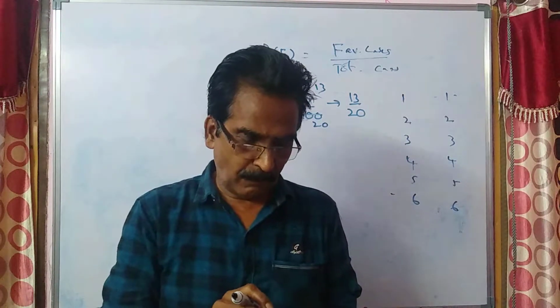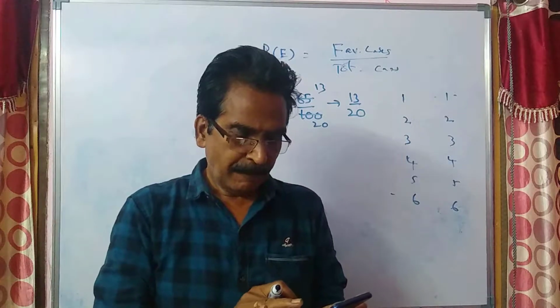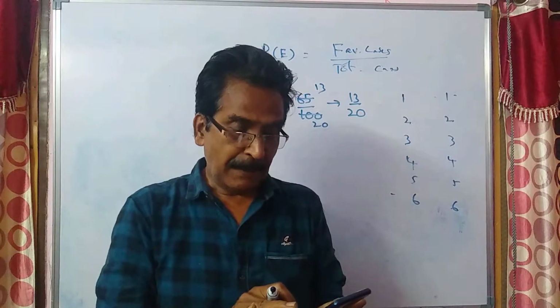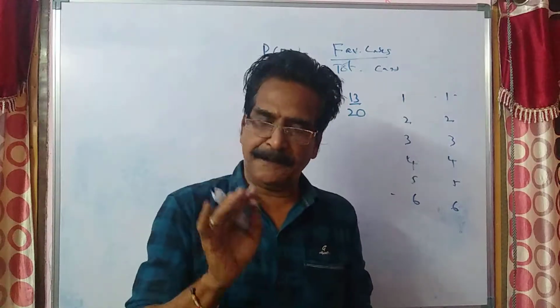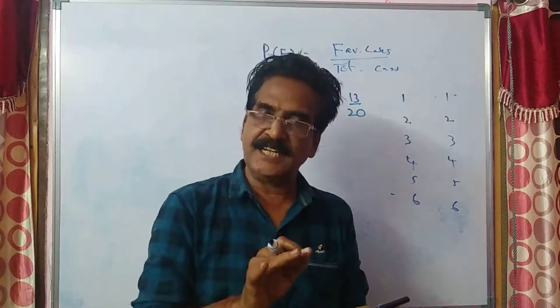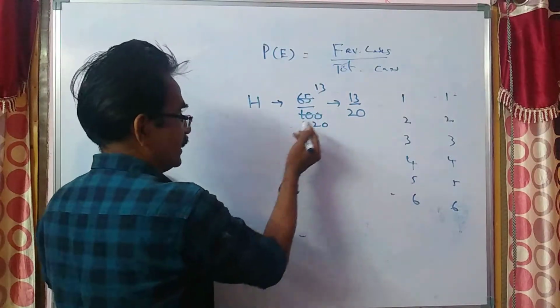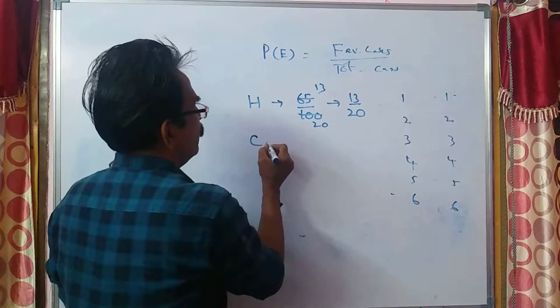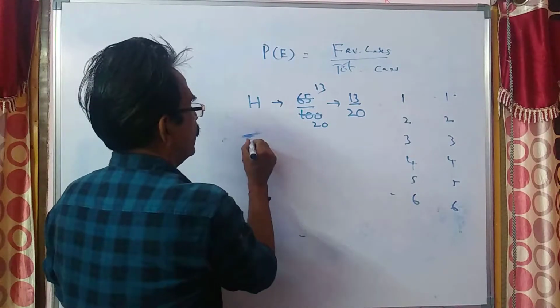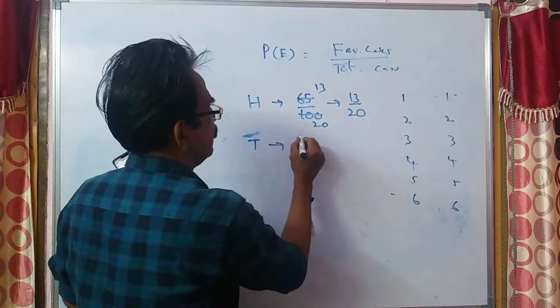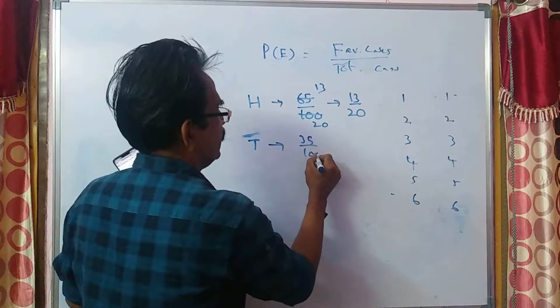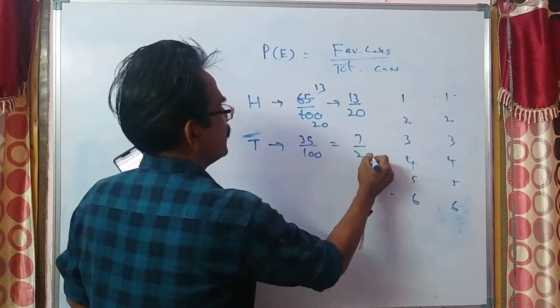I am coming to the problem. A biased coin on which the head appears in 65% of the situations. Head 65% means tail 35%, that is 7 by 20.